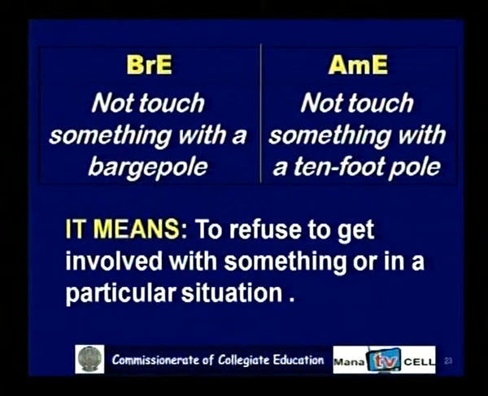It means to refuse to get involved with something or in a particular situation. I would like to explain once again. It means to refuse to get involved with something or in a particular situation. To refuse to get involved. If you don't want to get involved, we can use this idiom.